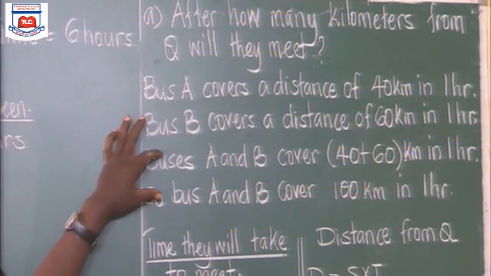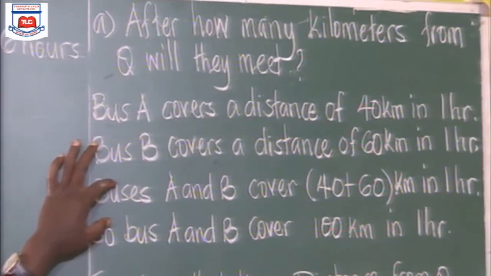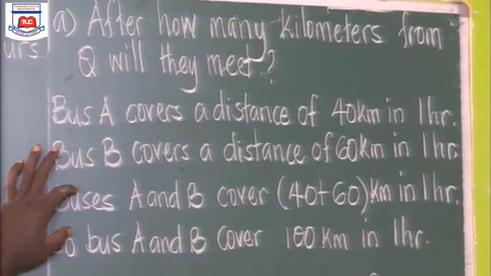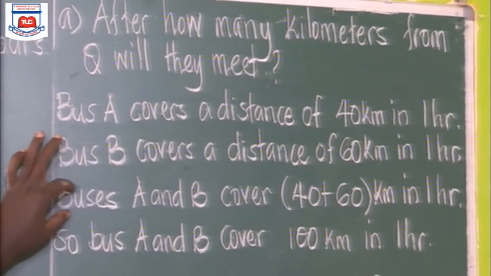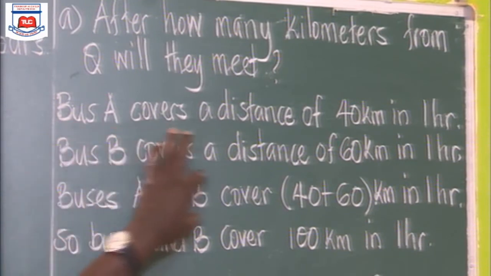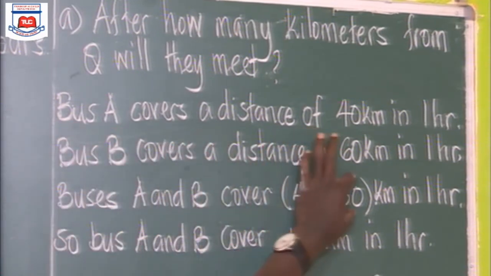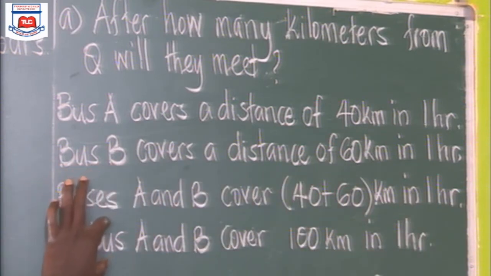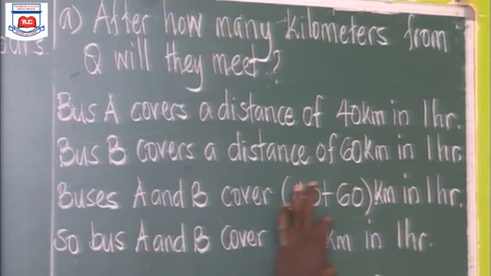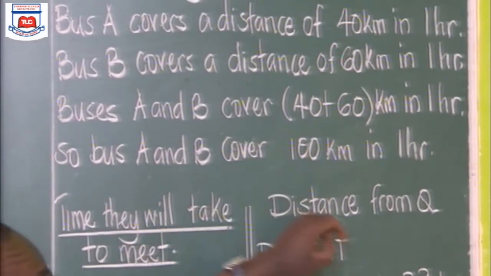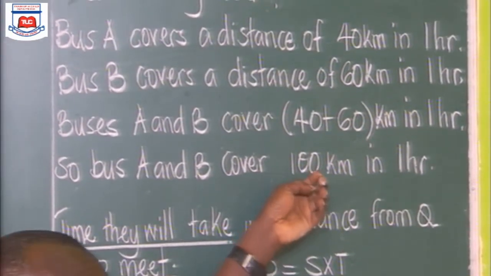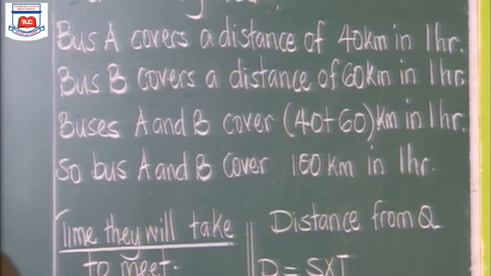Then, since they are doing a duty of covering a journey, the combined effort will bring a statement that reads, buses A and B cover 40 plus 60 kilometers in 1 hour. And so, buses A and B cover 100 kilometers in 1 hour. Therefore, if they were to combine their speed, they would be moving at a speed of 100 kilometers per hour.